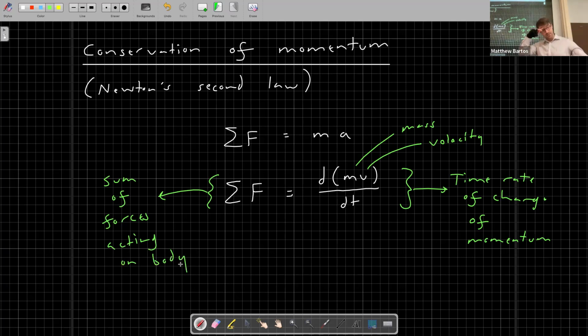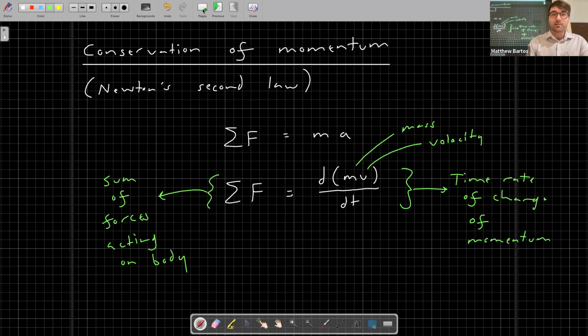So in physics and dynamics, you probably applied Newton's second law to a solid body. Here we're going to try applying the same principle to a fluid body and see what comes out of that.